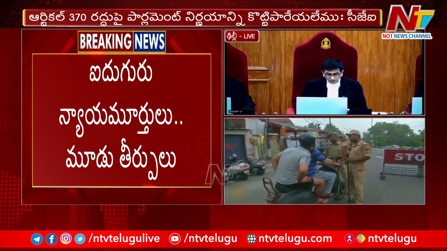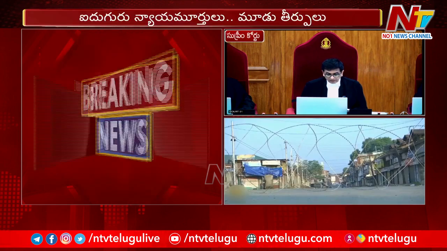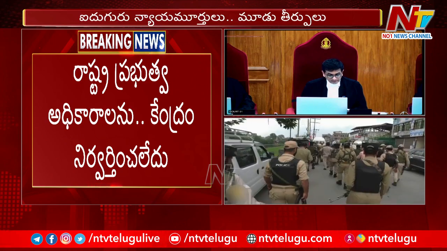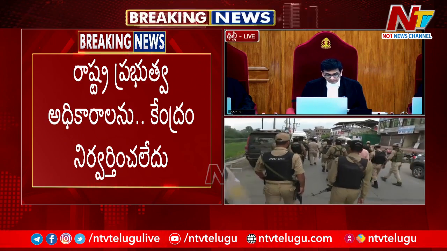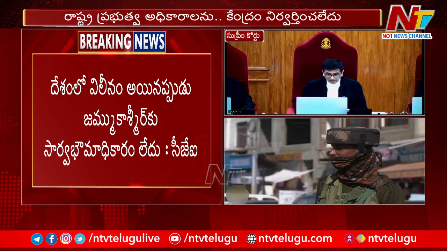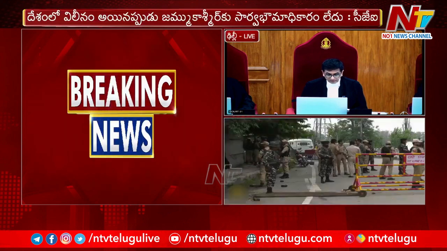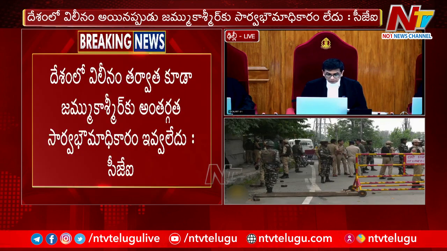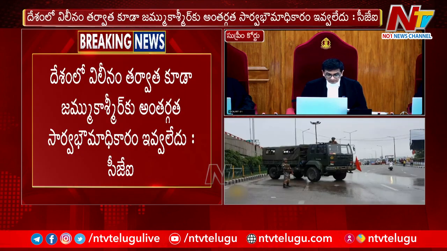On the validity of Parliament's exercise of power under the first proviso to Article 3, this is what we have said. A five-judge bench of this court in Babulal Parate held that the views expressed by the legislature of the state under the proviso to Article 3 are not binding on Parliament.